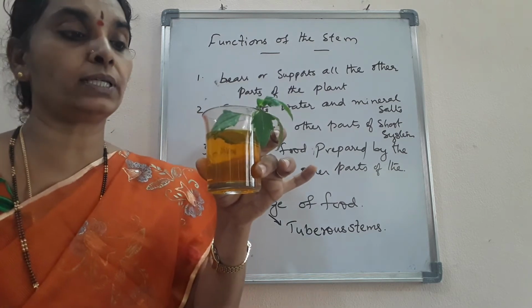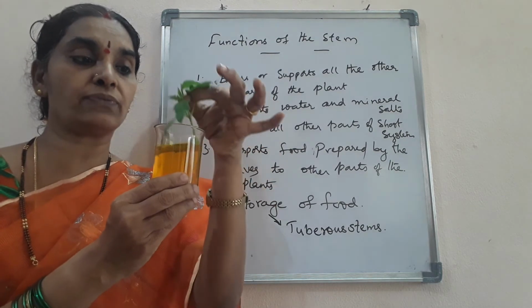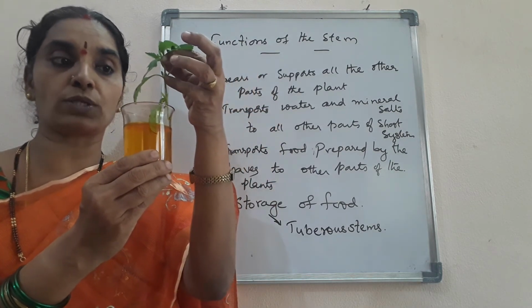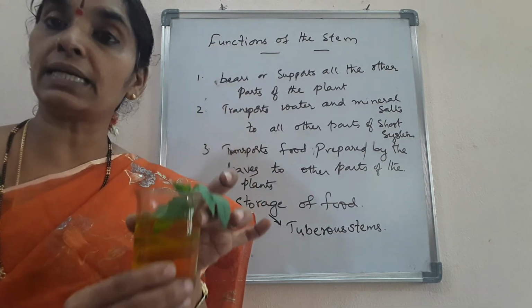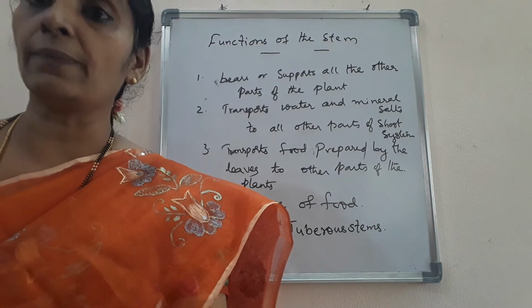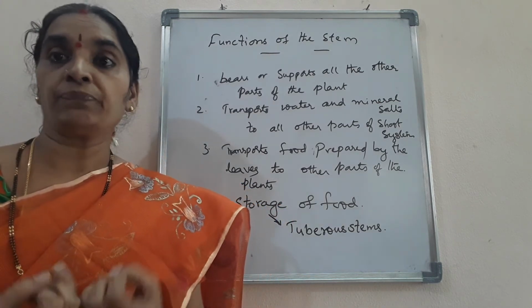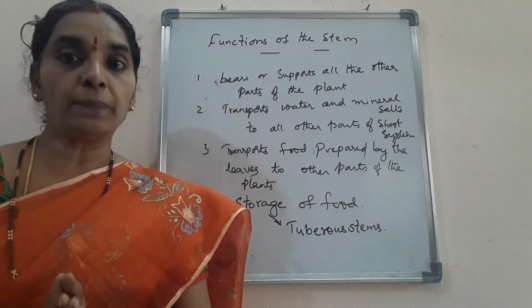This is a food color I have added. You can also add red ink to it and observe that it has conducted the colored water. You can see the colored spots over the stem, which tells you that the stem conducts the water and minerals from the soil. That is, it takes from the roots, it conducts the water and supplies to all the other parts of the plant.